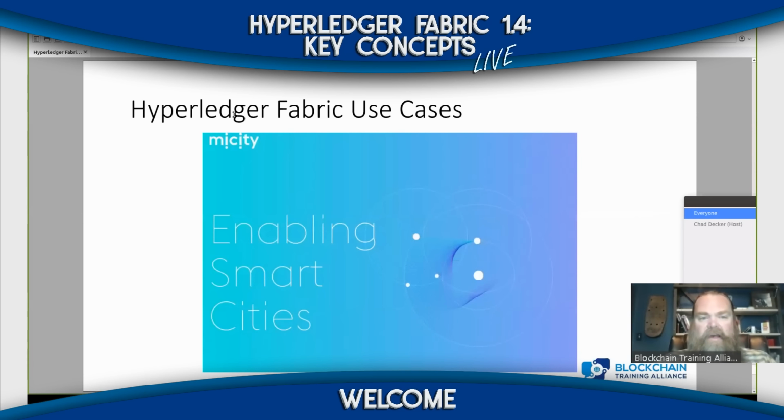My City, a startup in Dubai using blockchain to offer secure access solutions. They've got some very interesting stories that speak to some of the efficiency gains. So just by using secure access solutions in kiosks, in buildings, they've been able to save organizations up to $15 million per year.